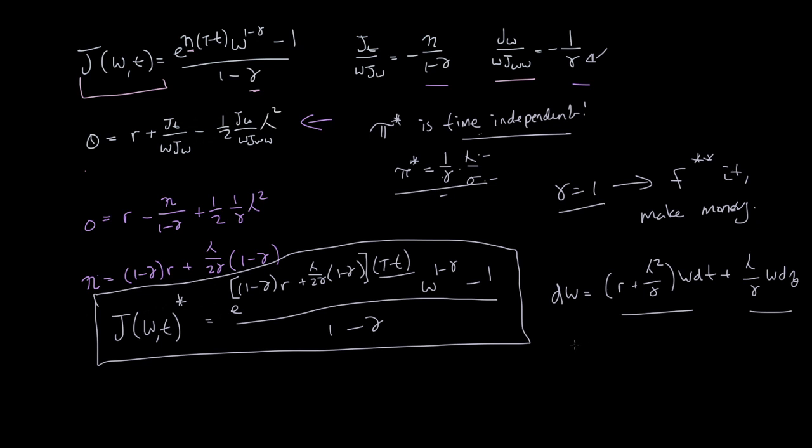And then if you say, screw it, I don't care about the downside, I only care about the ups. All I see are the ups. So you set your gamma equal to 1, and your wealth equation just becomes r plus lambda squared w dt plus lambda w dz.